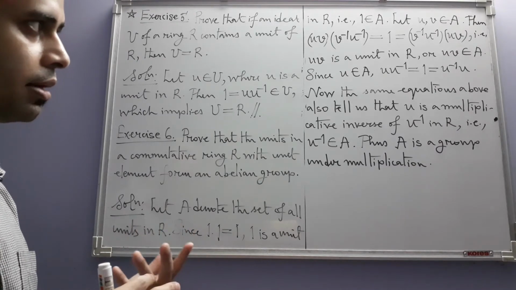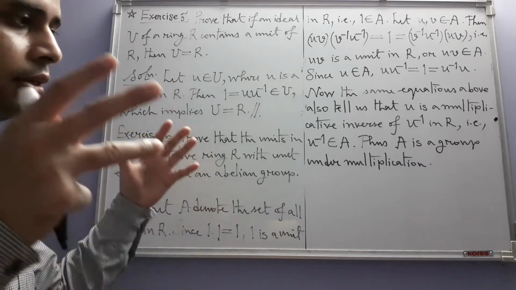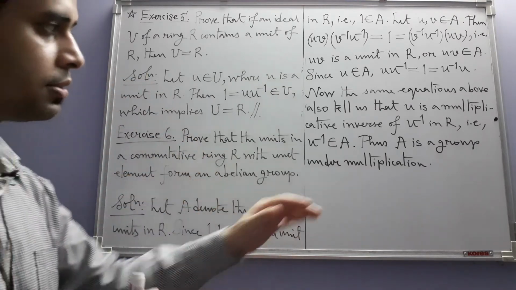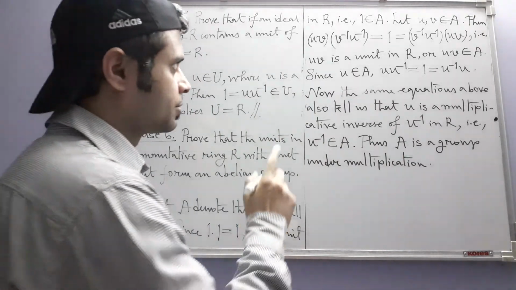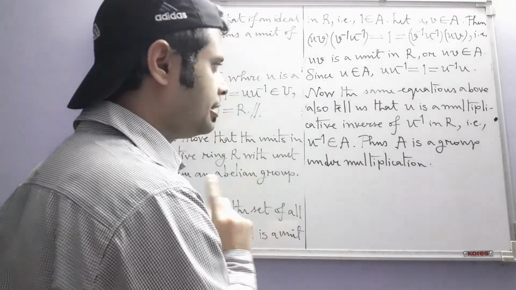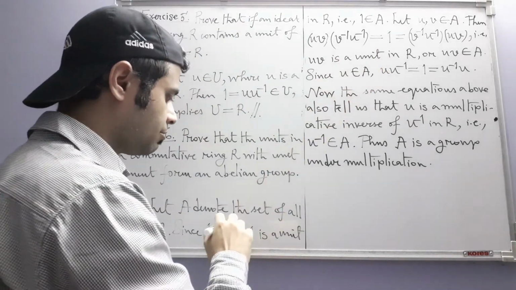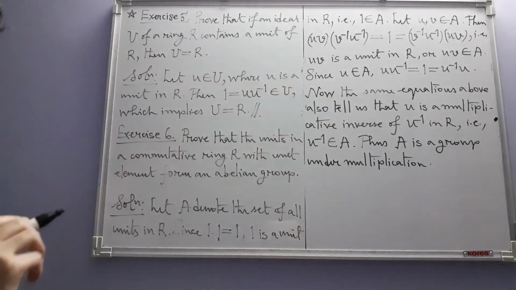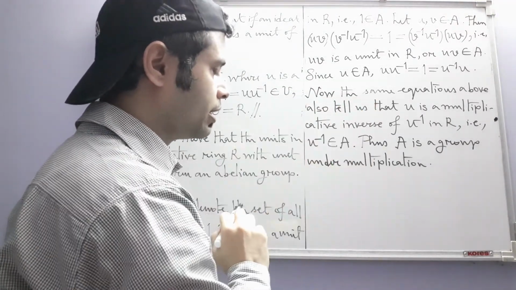So in particular, multiplication among the units is also an associative operation. If we restrict that operation on the set of units A, then also it's associative. Multiplicative identity should be there, which is there in the ring itself and which is also a unit, so it belongs to A, and every element must have a multiplicative inverse.